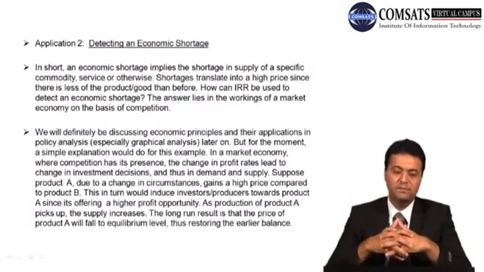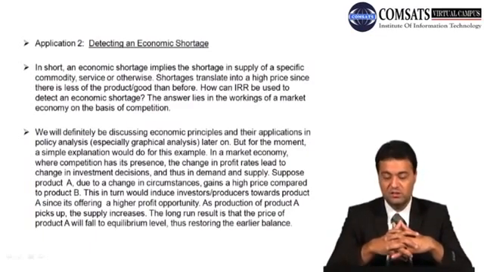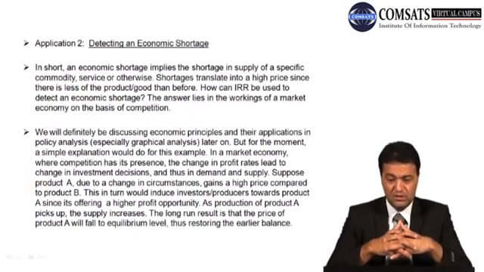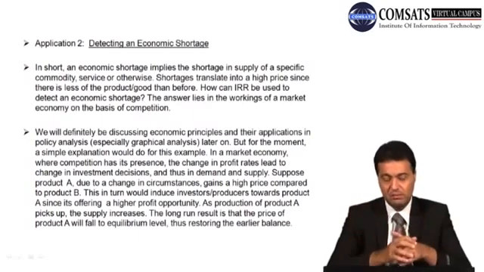So how do we do that? First of all, in short, an economic shortage implies the shortage in supply of a specific commodity, service, or otherwise. Shortages translate into a high price since there is less of a product than before while the demand is the same.